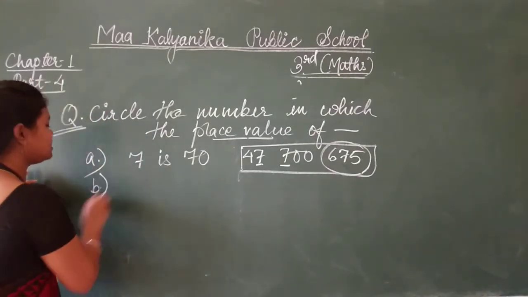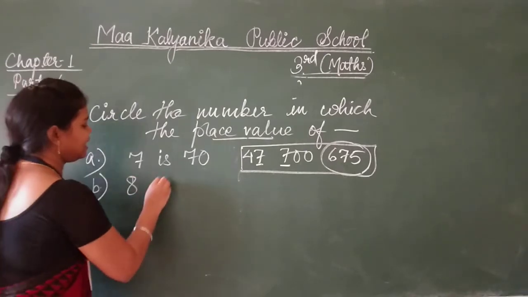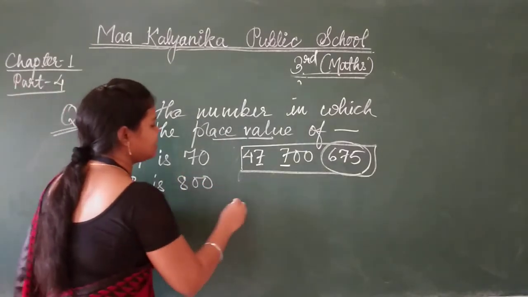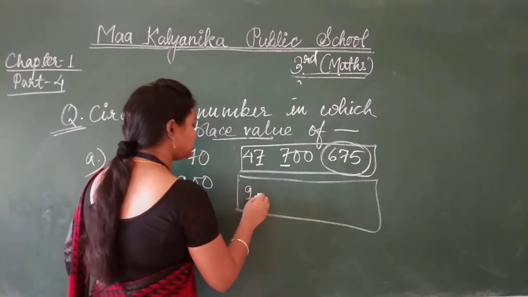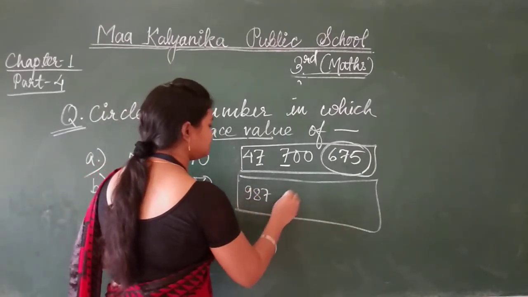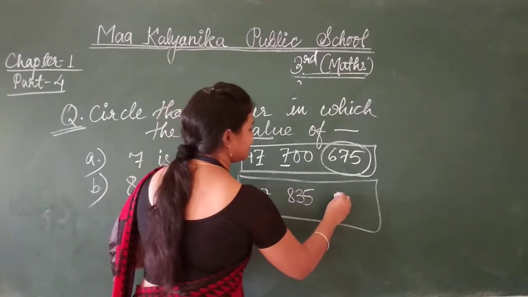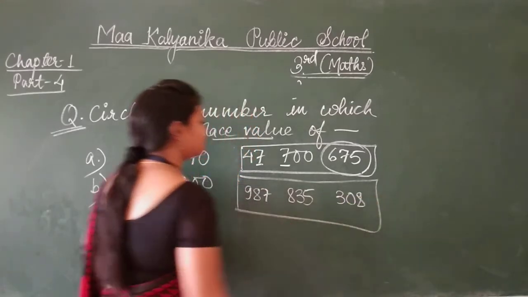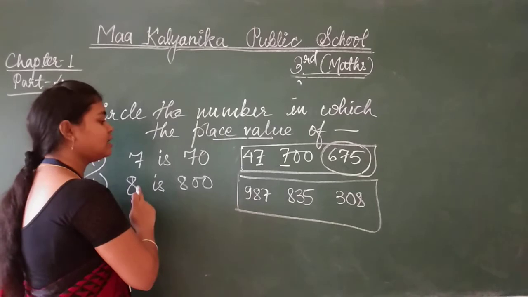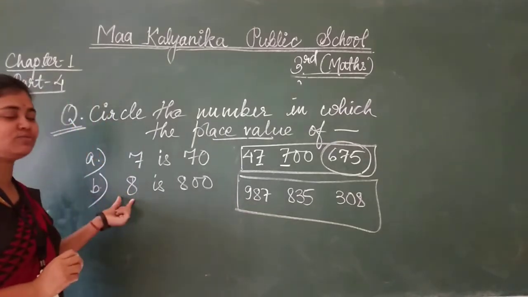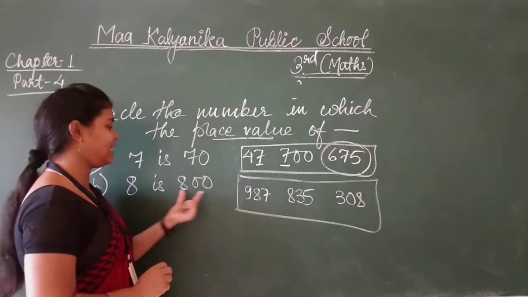In the same way, I am telling you some more questions. For example, 8 is 800, and I am giving you the options 987, 835 and 308. So you have to find the place value, meaning the place value of the 8 is 800.